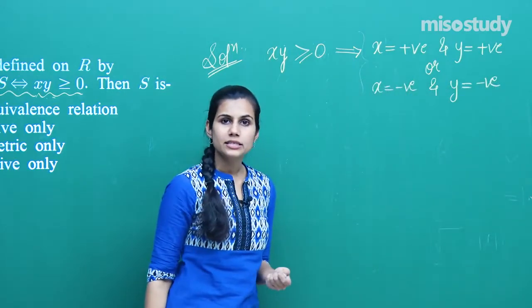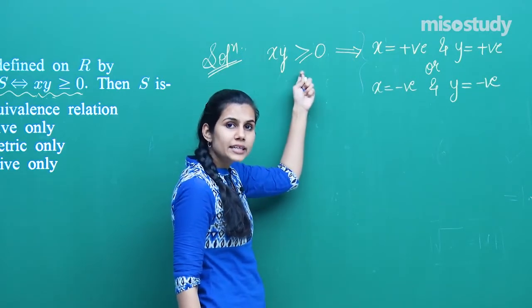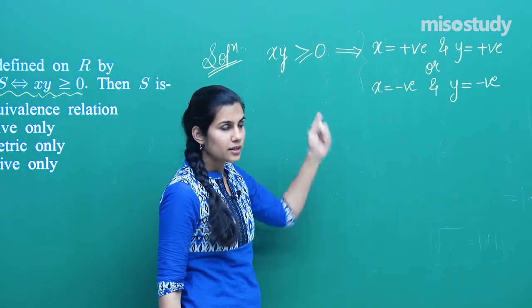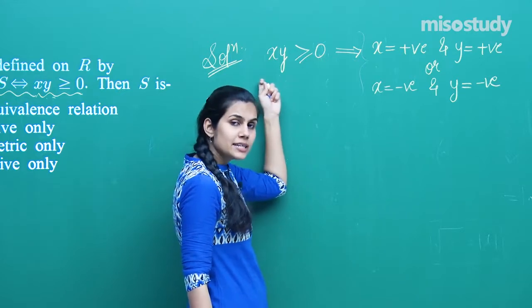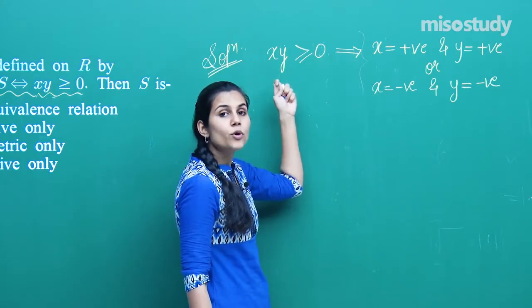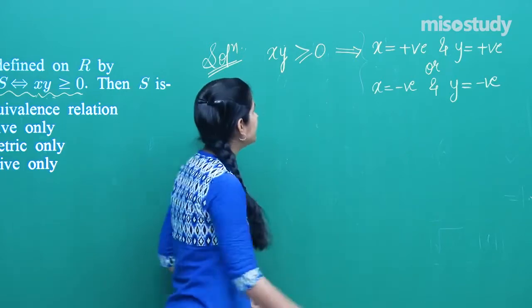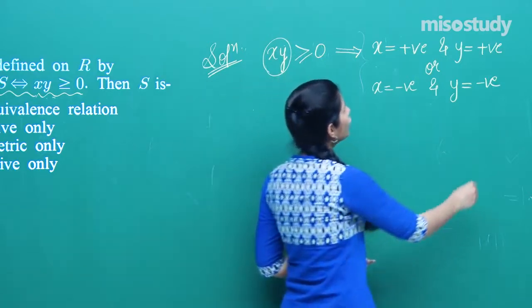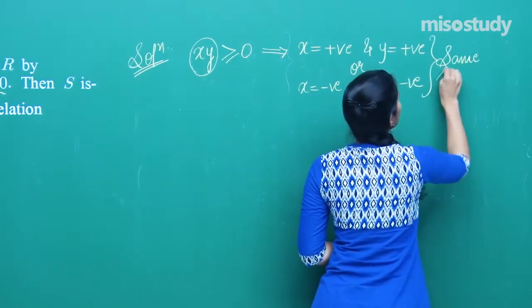What do I mean by this? Product of two real numbers can be non-negative only if both of them have the same sign. If x is positive, y is negative, or x is negative, y is positive, the product will be negative and not non-negative. That means for the product of two real numbers to be non-negative, both of them should have the same sign.